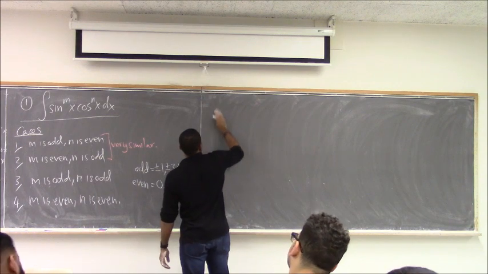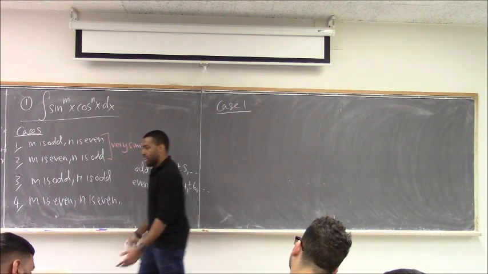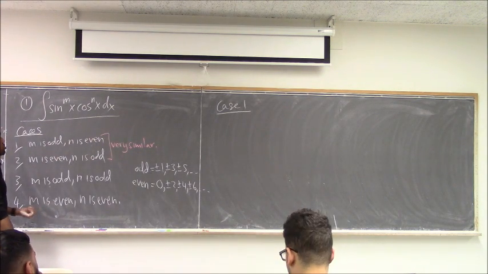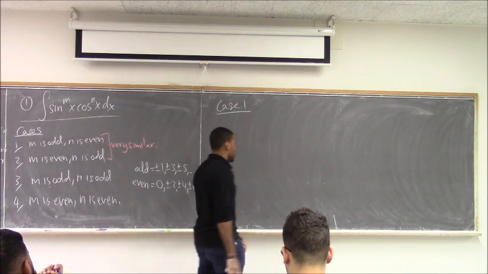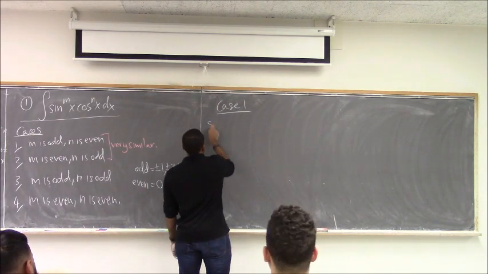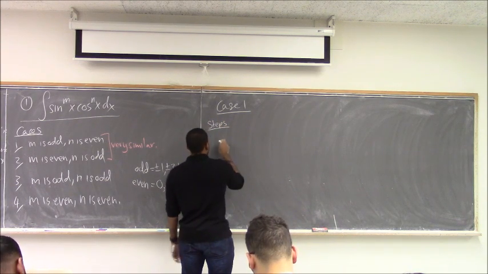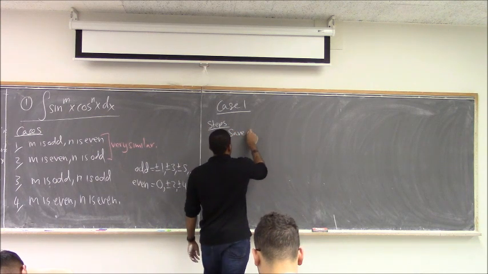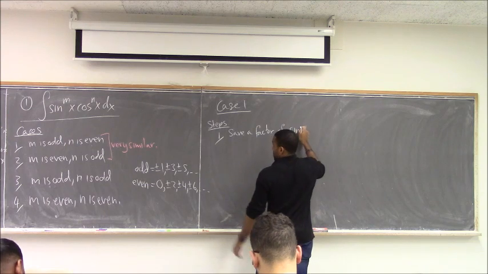Let's start out with case 1. So here's a strategy for case 1. You find yourself viewing the integral, which is a product of sines and cosines, and you realize that the power of sine is odd and the power of cosine is even. Step 1: you are going to save a factor of the sine function. The sine is the odd one.